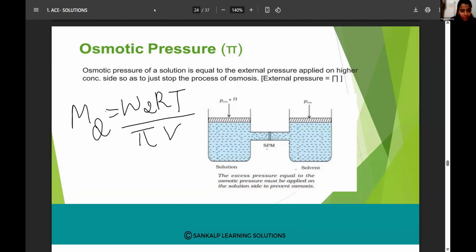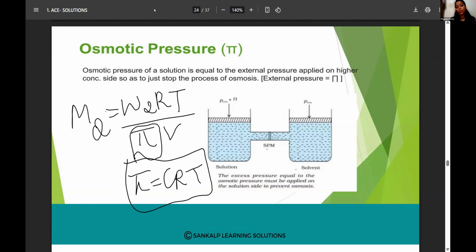Where pi stands for osmotic pressure, sorry, I didn't mention that. That is given in general cases. If it is not given, you should calculate it manually. How do you calculate it? Remember it as CRT. Just remember these formulas. When you see the problems, you'll understand where to apply what. All right. Quickly, I'll move on to the next one.